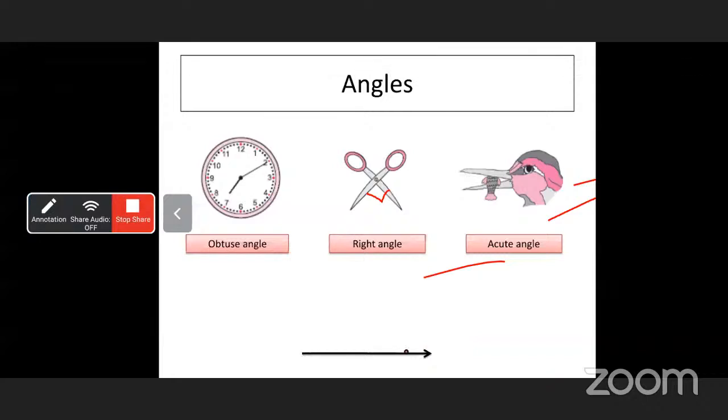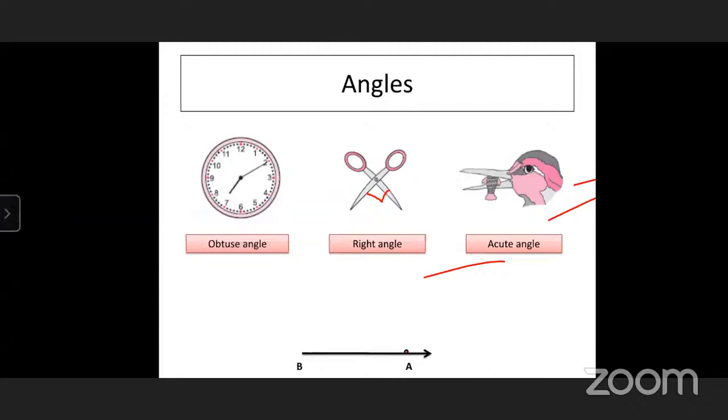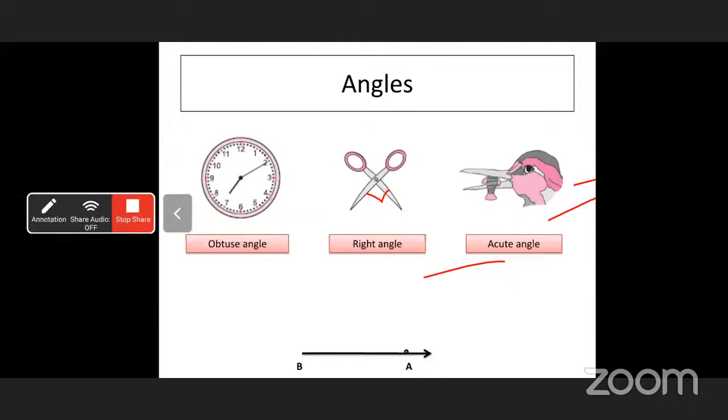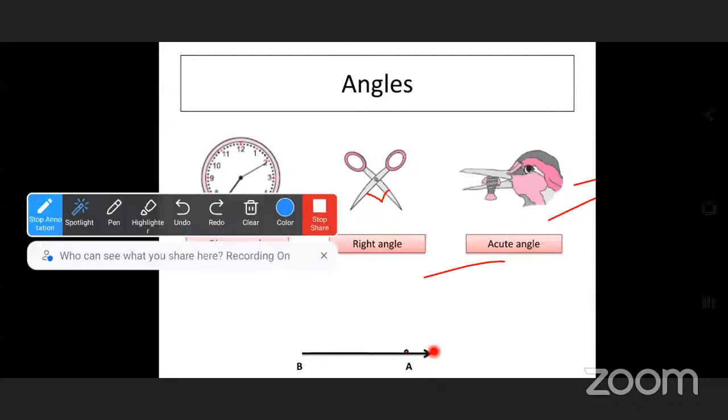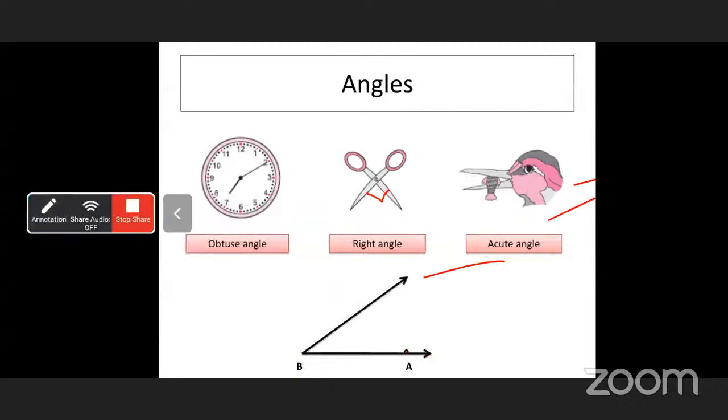Let us name this ray first. This is ray BA. We are not going to call it ray AB, we will call it ray BA because the main source of the ray is point B and it keeps on extending in this direction. The arrow indicates the direction. The second ray we'll name ray BC.